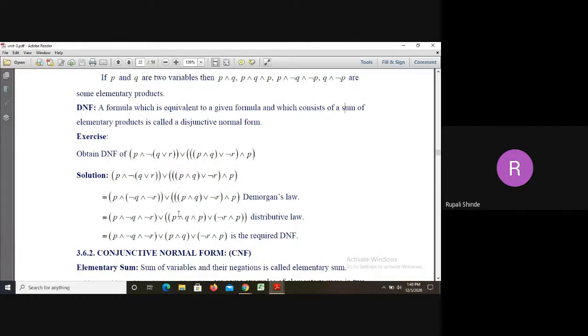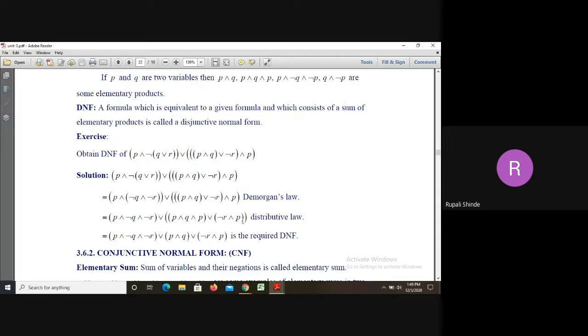Now in the next step, we have applied the distributive law. Check here, this is a product, so we can combine these two terms as P and negation Q and negation R. This is one bracket, or now we can apply the distributive law as P and Q and P. This is one bracket, or negation R and P. This is another bracket.